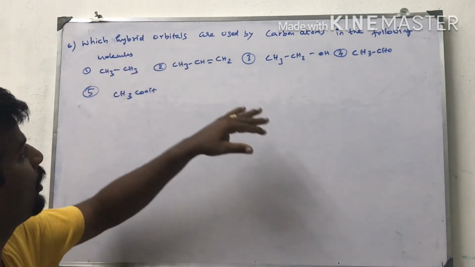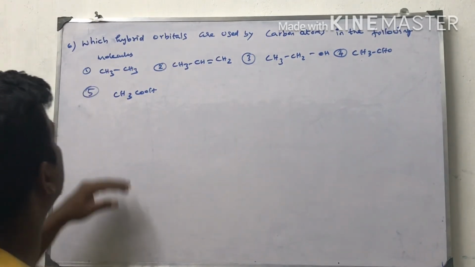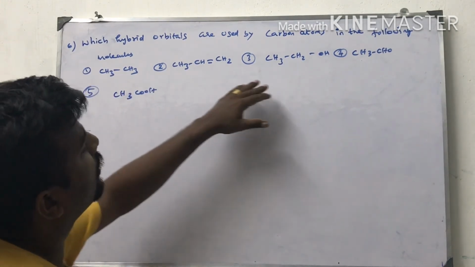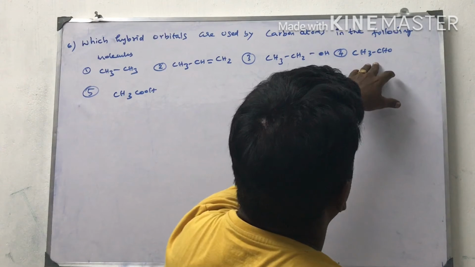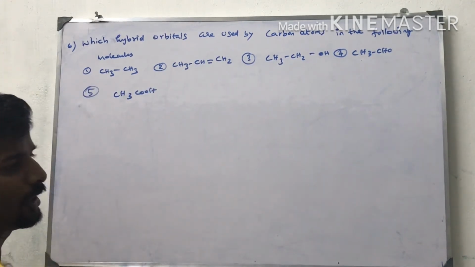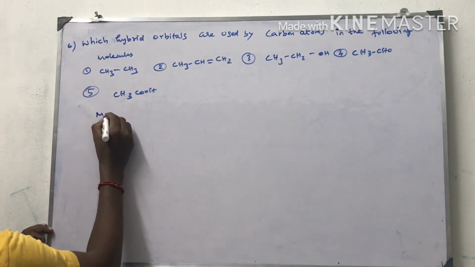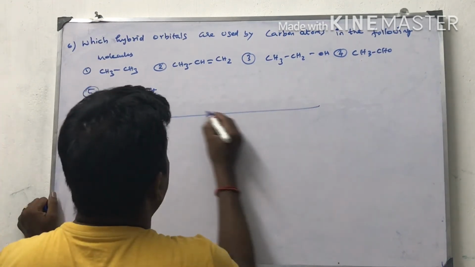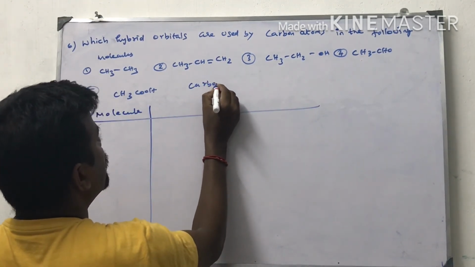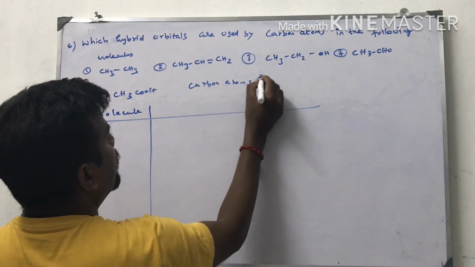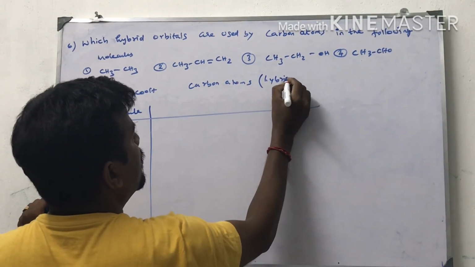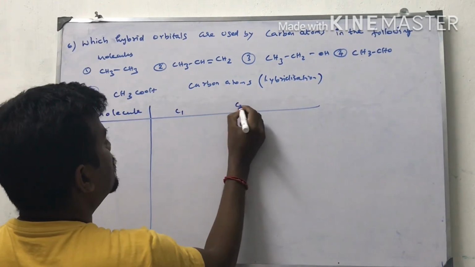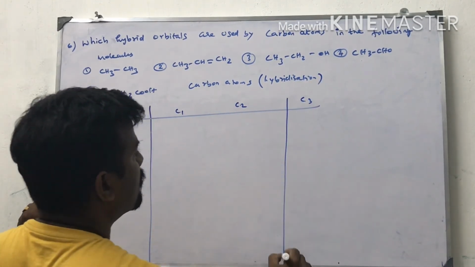Which hybridization is used by the carbon atoms in the following molecules: ethane, propene, ethanol, acetaldehyde and acetic acid? Now we are going to solve this problem. They want to know the hybridization of the carbon atoms, C1, C2 and C3.